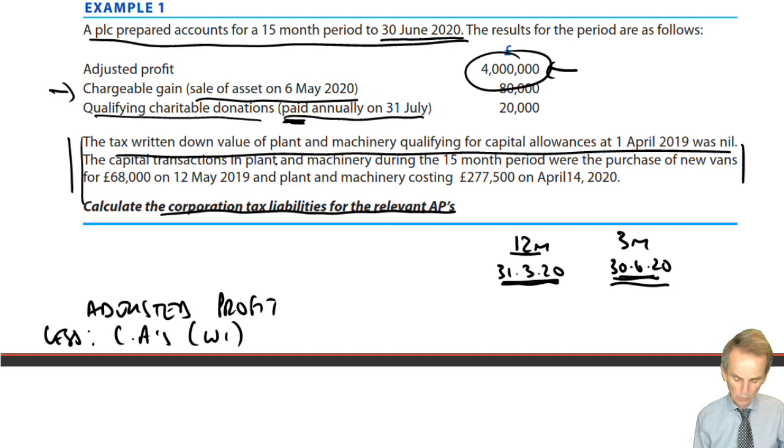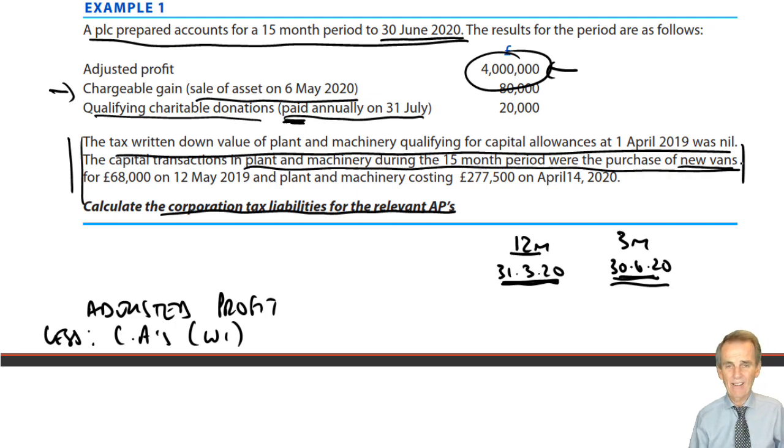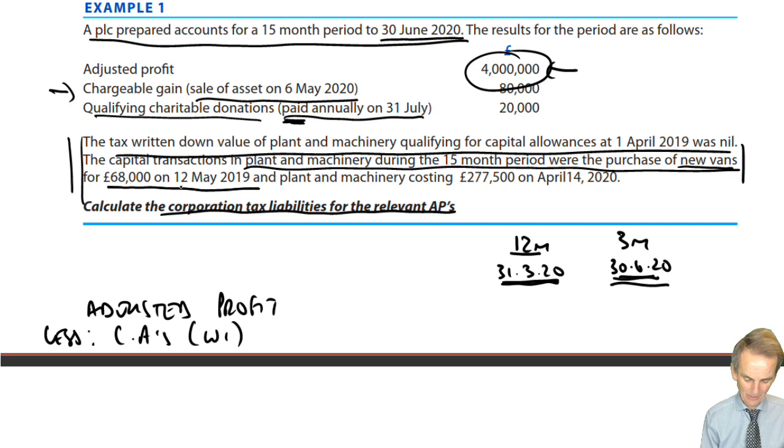But we bought more plant and machinery during the 15-month period with the purchase of new vans. Now, vans, trucks and lorries are treated like any other plant and machinery, and on that basis will qualify for AIA. It's £68,000, and that's the 12th of May 19.